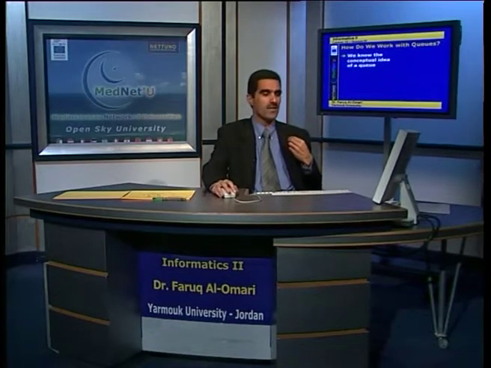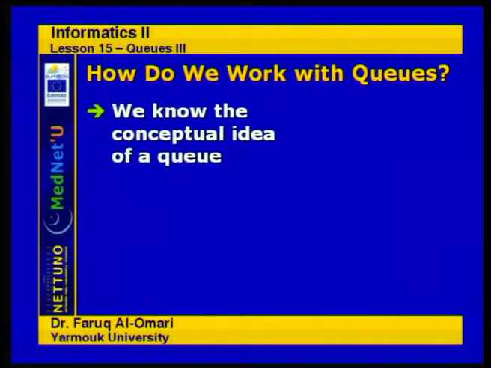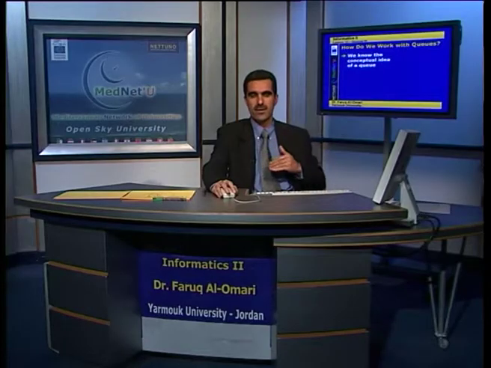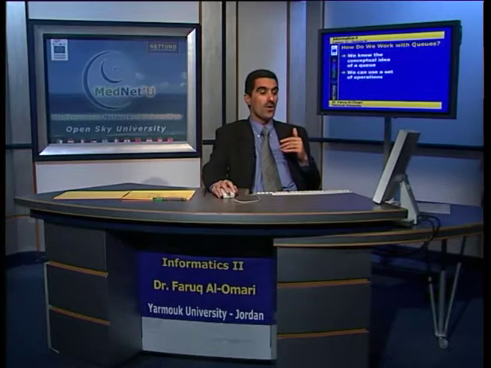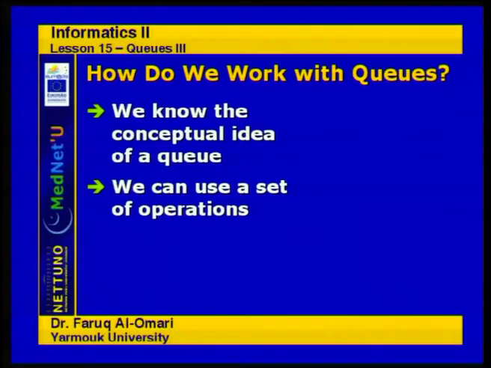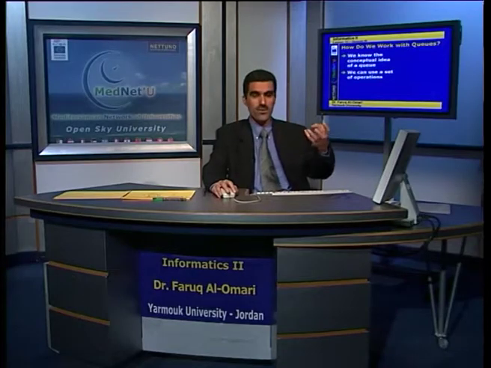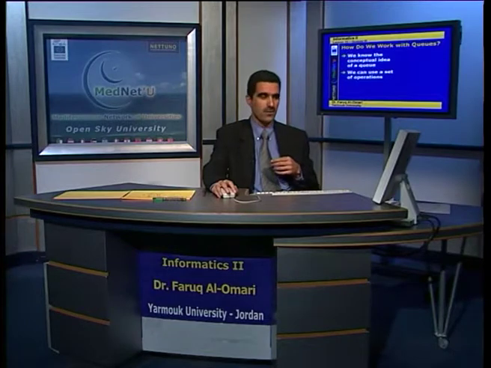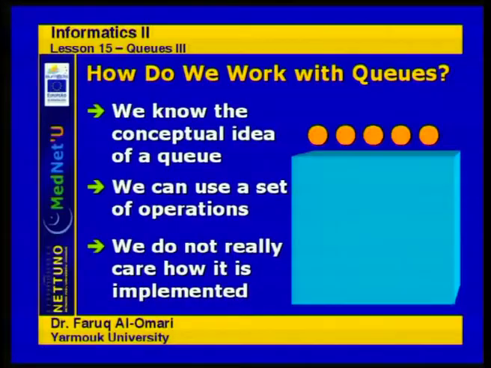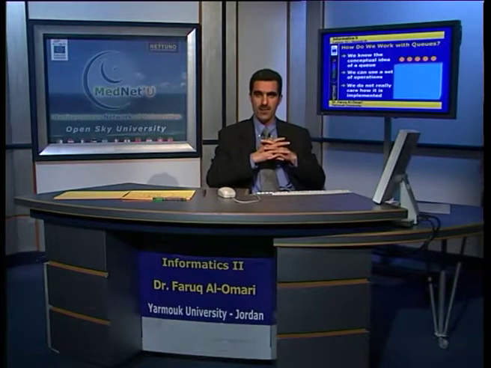what we need to know is the concept of queues. So we know the conceptual idea of a queue, appending and retrieving or serving. We can use a set of operations defined on the queue based on that conceptual idea. But I don't really care how physically that queue was implemented inside the memory.